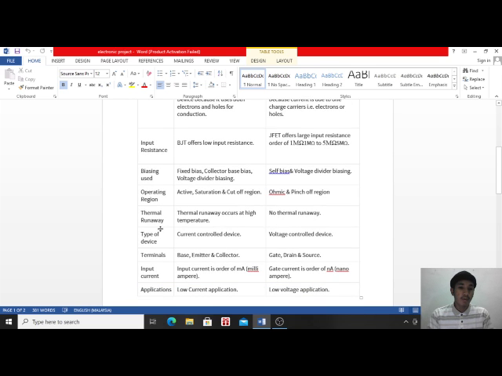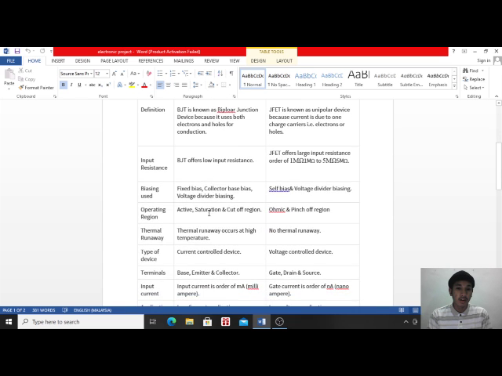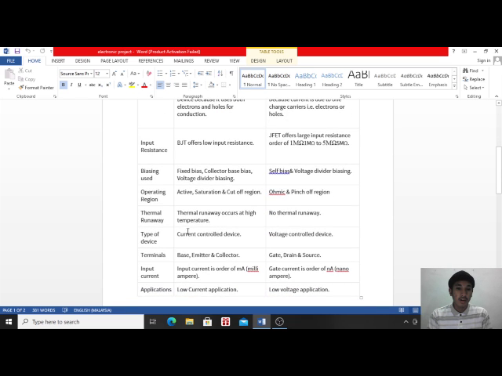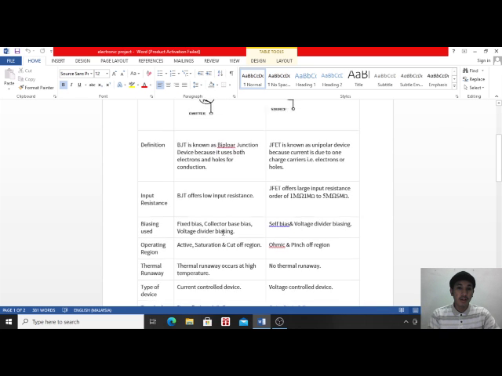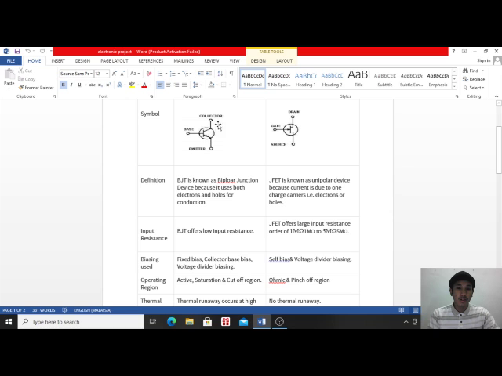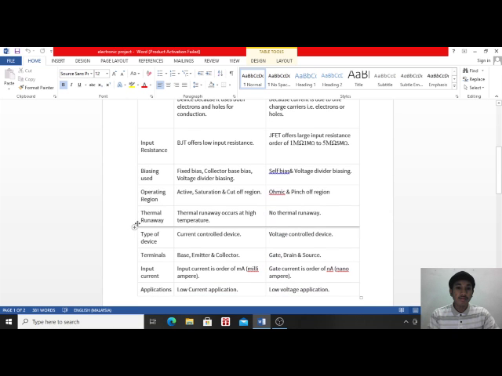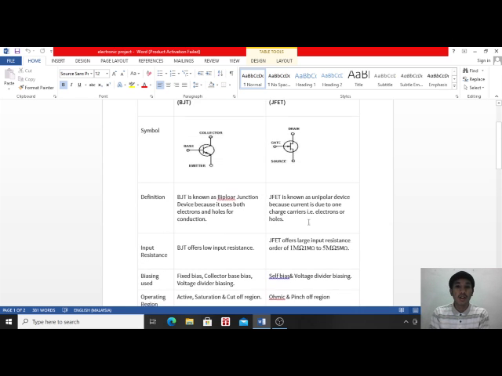And for type of device, BJT is a current control device and JFET is a voltage control device. And the terminals for the BJT are base, emitter and collector, as shown here in this figure, base, collector, emitter, and for the JFET gate, drain, source, as shown here.